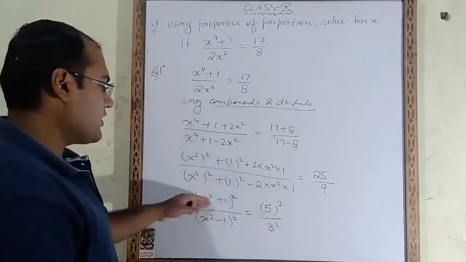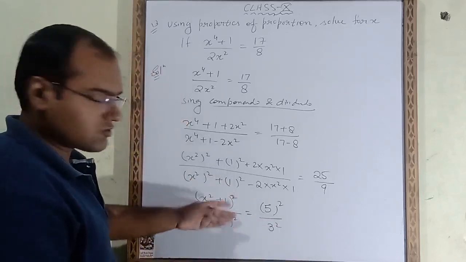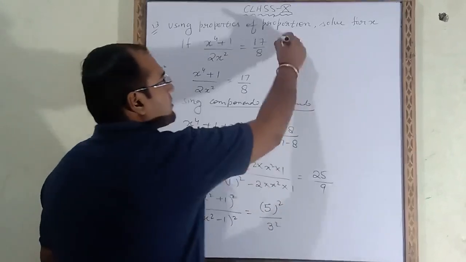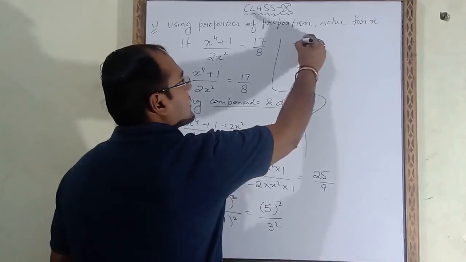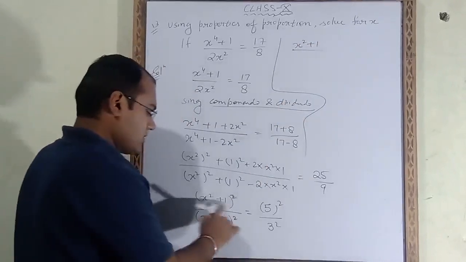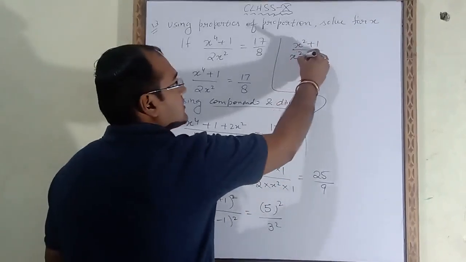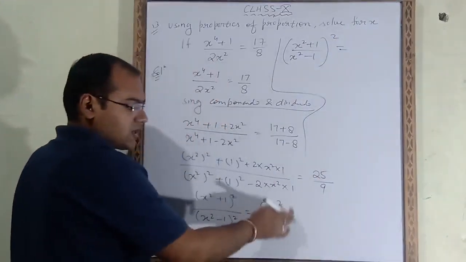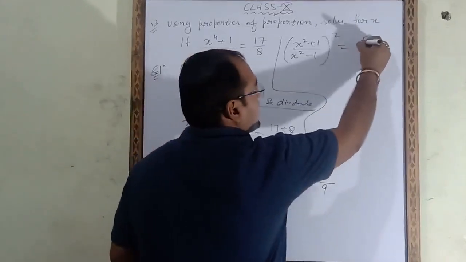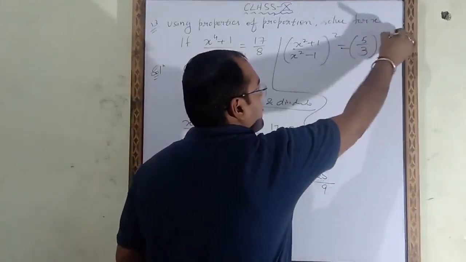Now in the numerator also square is there and in denominator also square is there. Then what we will do? Both the squares we will write outside a single bracket. That means (x square plus 1 upon x square minus 1) whole square. Here also on both the terms squares are coming. So we will write (5 upon 3) whole square.